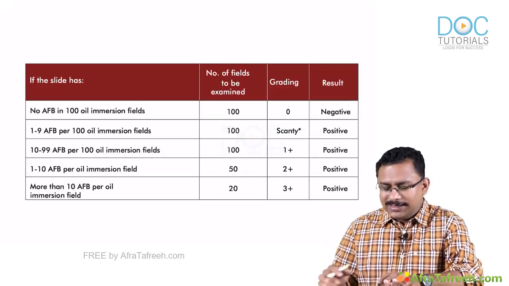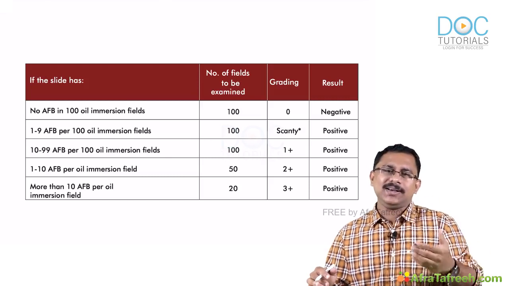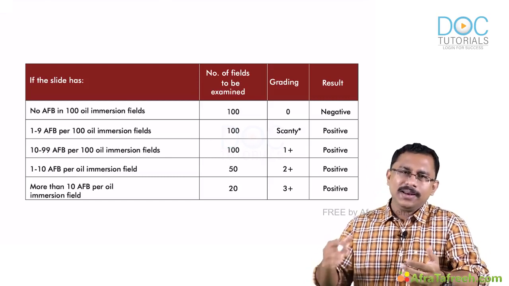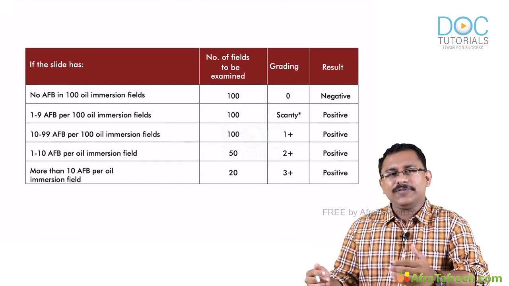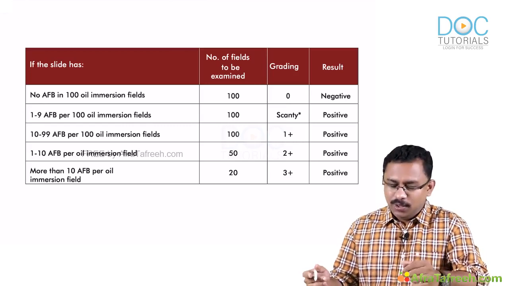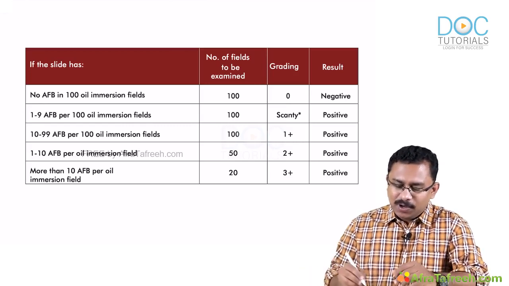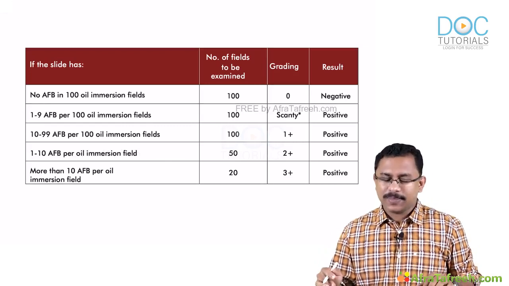Now just a few points. Suppose you have tested the sputum, there should always be a grading. So the grading of this sputum sample is based on the number of bacilli that you get per immersion field.